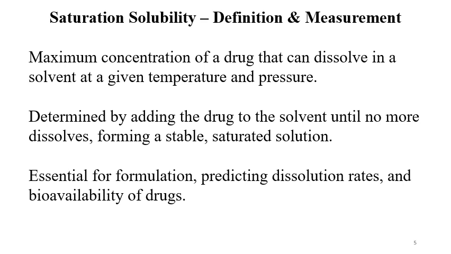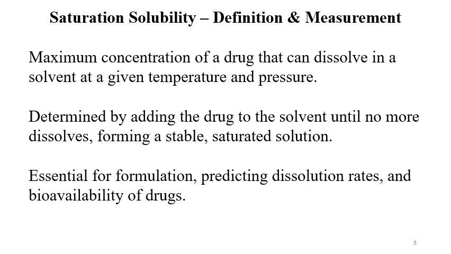That means you have saturated that media with the API. This is saturation solubility or equilibrium solubility. Now if you add much more amount of API, it will not dissolve. But it is not like in the BCS. In BCS, you have a fixed amount of media and also a fixed amount of API. You just have to check whether it is dissolving or not.